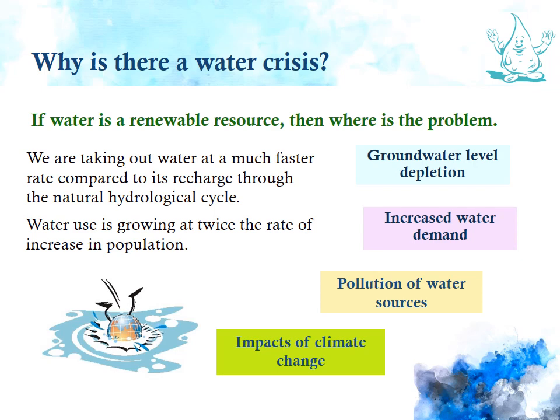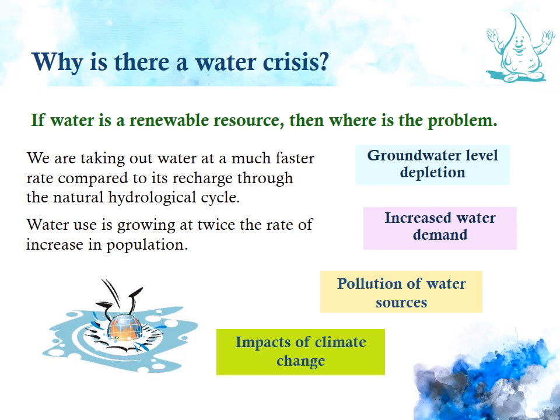By now, we can guess to some extent why there is water crisis. But let's look at it in detail. We often say water is a renewable resource, which means there should always be more supply or availability. If that is true, then why is there a problem?